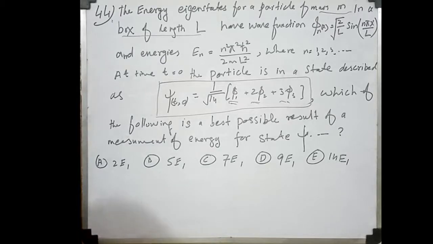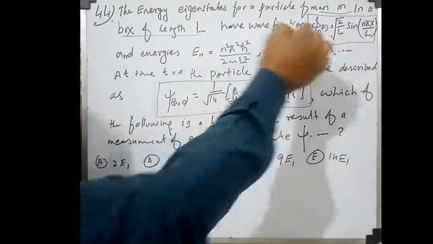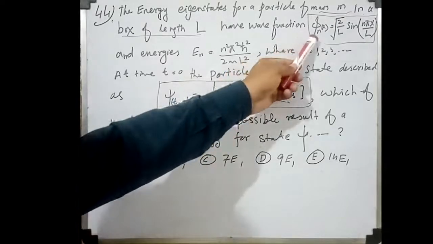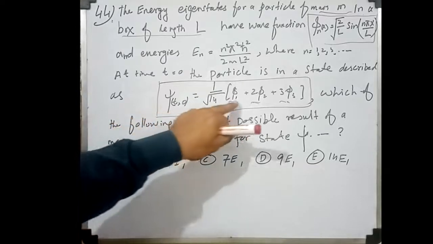Now we can see that this is a one-dimensional box, a one-dimensional square well, and this is the wave function for the square well, and this is the function that describes these three states.